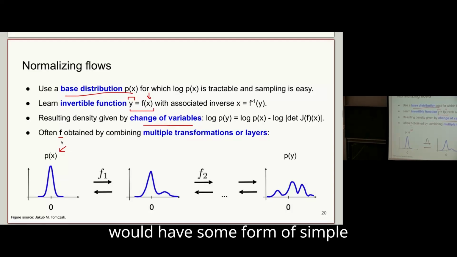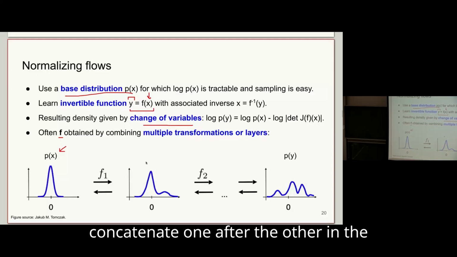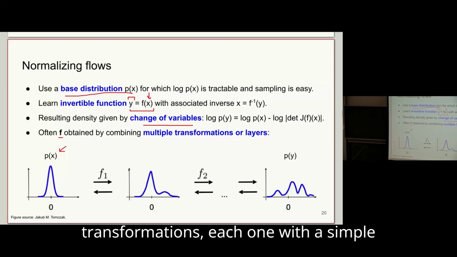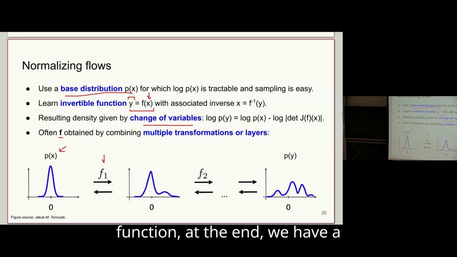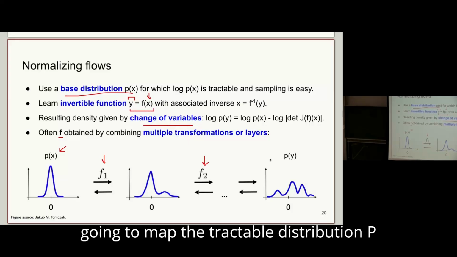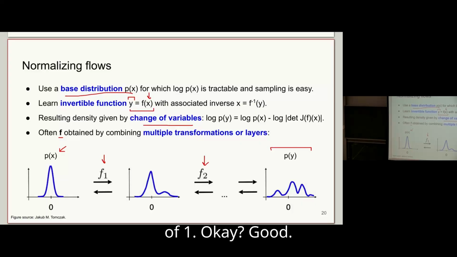So we will have some form of simple transformations, but we are going to concatenate one after the other, in a way that after applying many of these transformations, each one with a simple function, at the end, we have a very complicated transformation. And it's going to map the tractable distribution p(x) into something much more complicated, p(y), okay? Good.